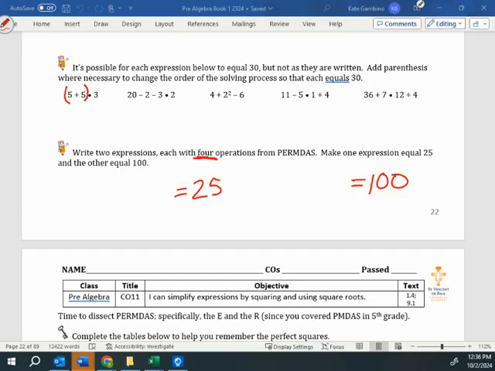And the trick is you can use any operations, any numbers, as long as your final result is 25 and 100. But you can only do 4. Wait, no, if we did 4 operations, that would be 5 cards. So it's the 5-card challenge, but you get to pick your numbers. You have to have 4 operations in your expressions.